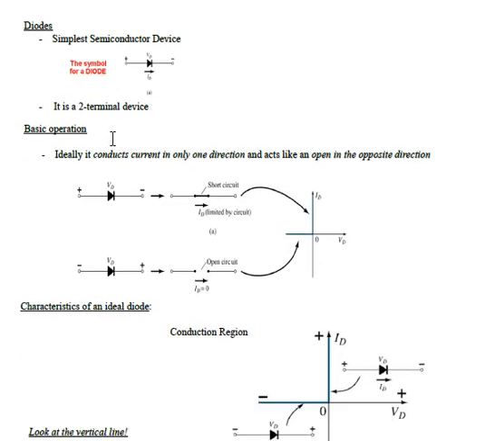So these are the basic operations of the diode. Ideally, it conducts current in only one direction, and it acts like an open circuit in the opposite direction. So that's why a diode can be considered as a switch.